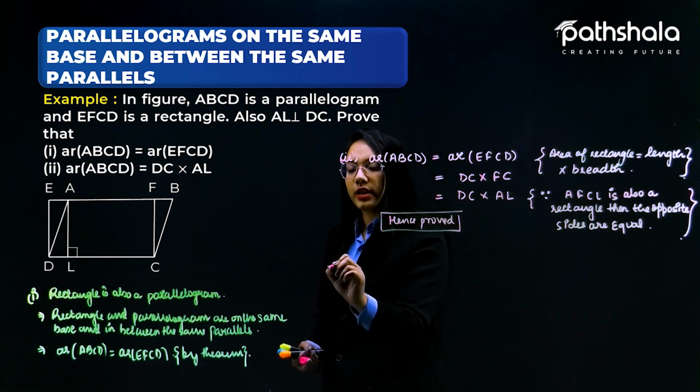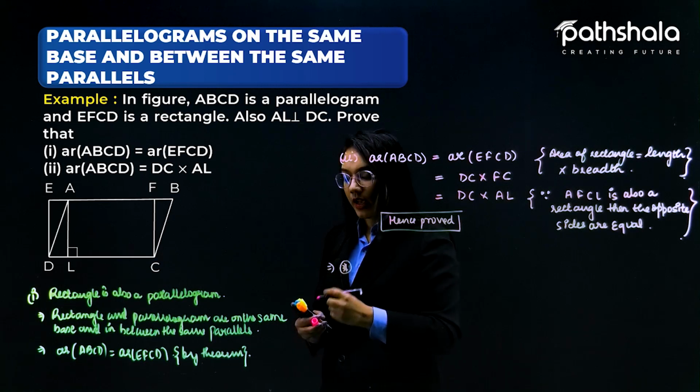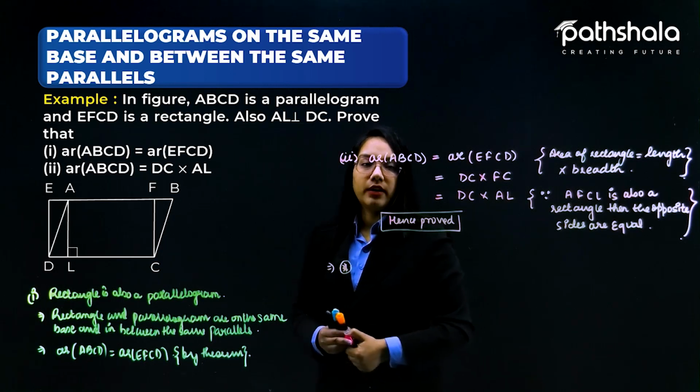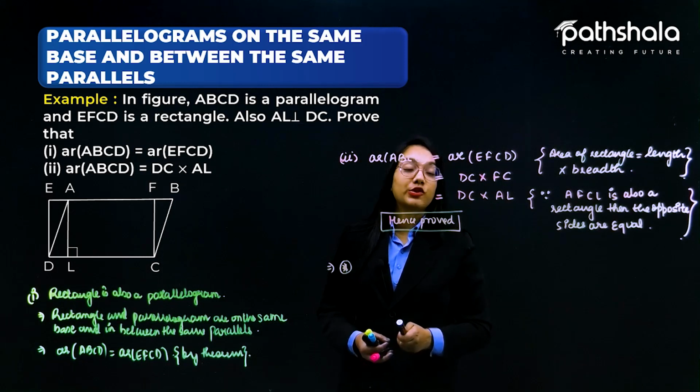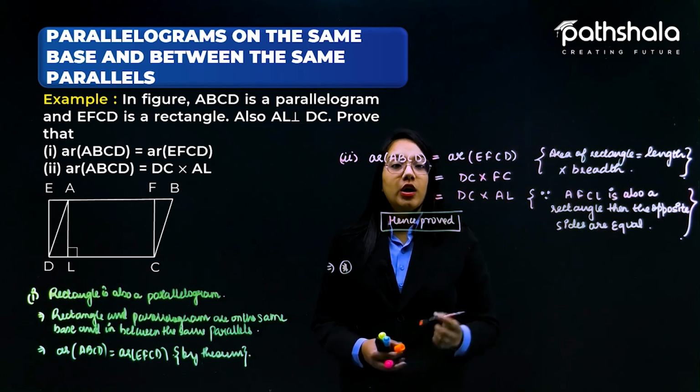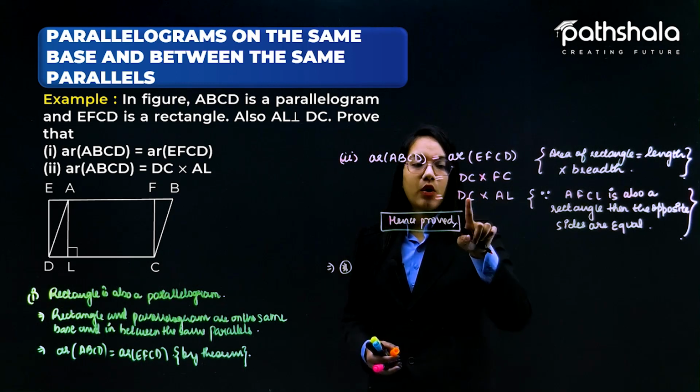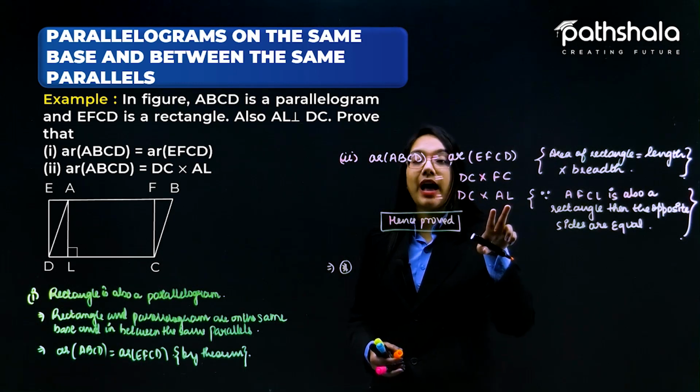From this particular example, there is one thing that we can conclude about parallelograms: that ABCD is a parallelogram whose area comes out to be equal to the product of one side and the altitude.